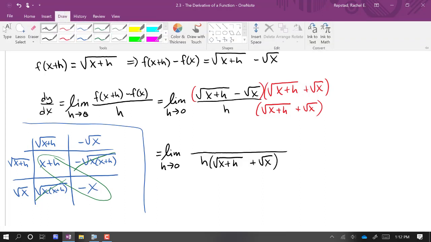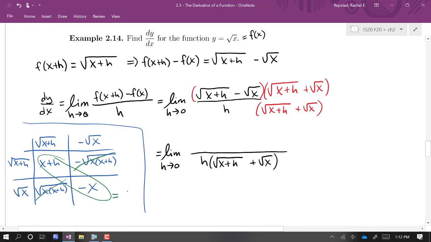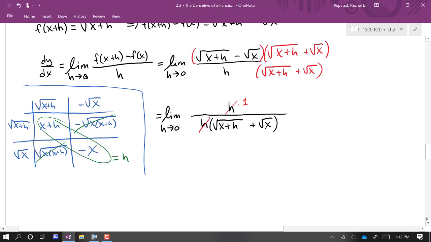And that is just h. So that's what goes in the numerator here. And now, I think we can see our path forward. We can cancel that factor of h. When we cancel the factor of h up here and there's nothing left, there's actually a factor of 1, right? That's what we'll replace it with.